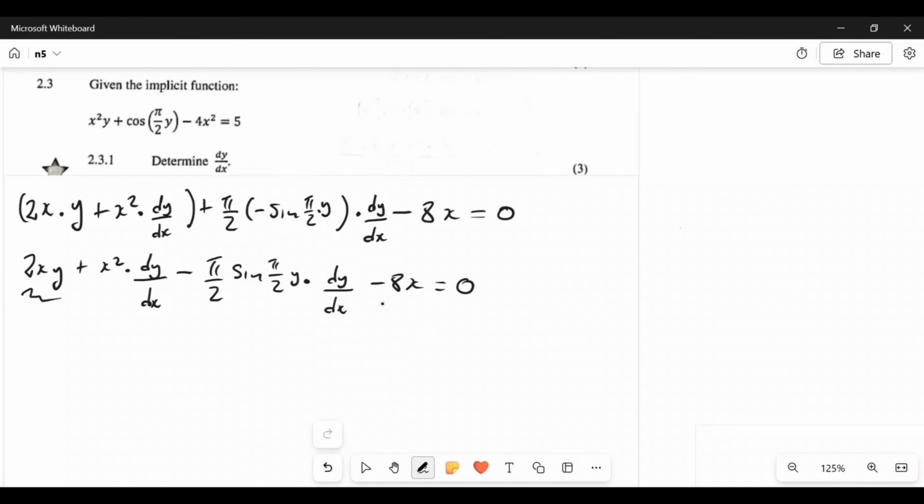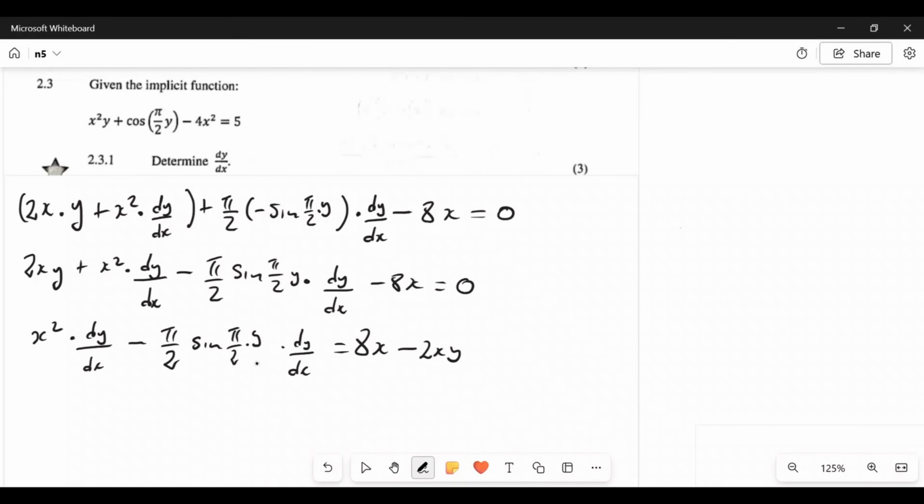From there, we're going to transpose the terms that do not have dy over dx to the right hand side. So we're going to be left with x squared multiplied by dy over dx minus pi over 2 sine(pi over 2 multiplied by y) multiplied by dy over dx. Let's transpose these terms. If we take this negative 8x, this is going to be positive 8x. If we transpose this positive 2xy, this is going to be negative 2xy.